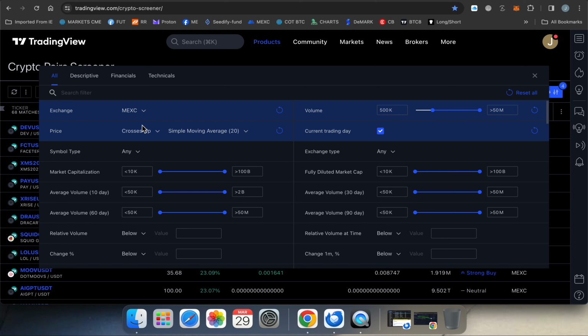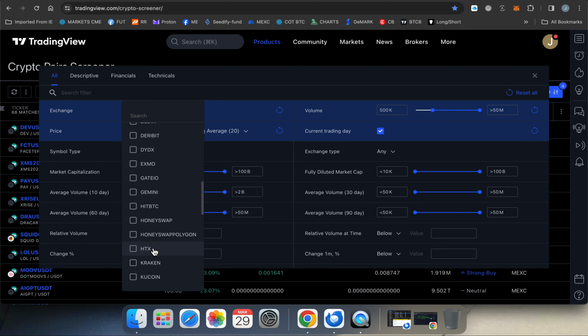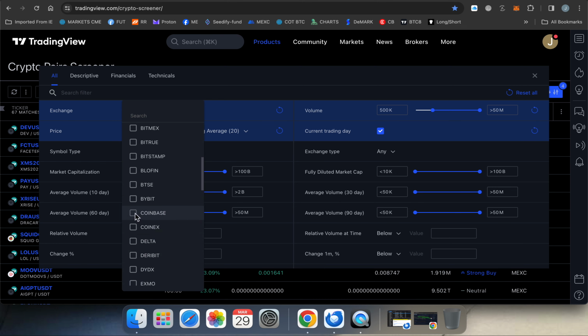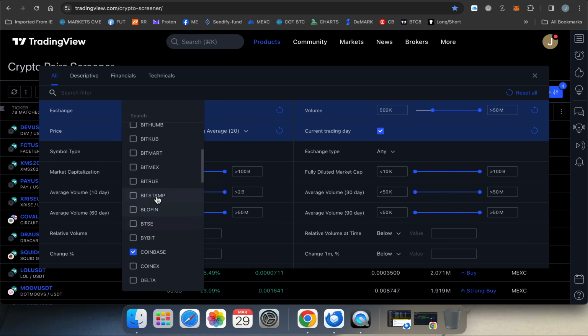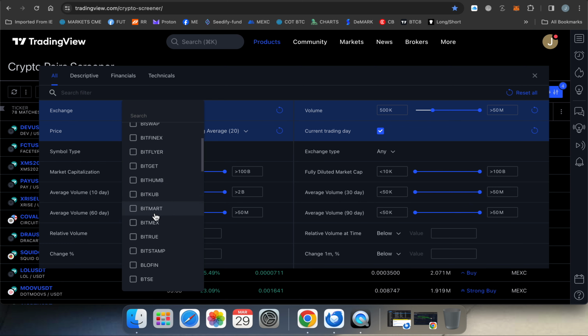And this is my main broker right here that I use, MEXC. So if you're using like Coinbase or whatever, you'd want to come down here and toggle Coinbase, and then that's going to find everything that you can possibly trade.